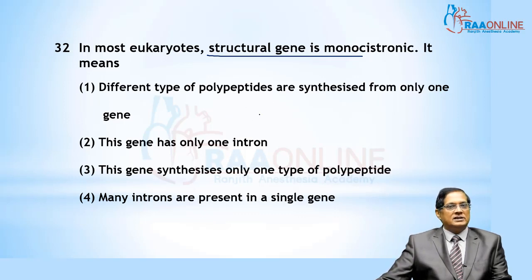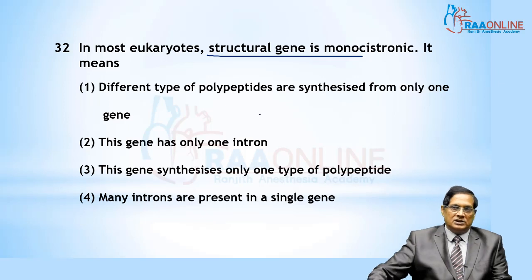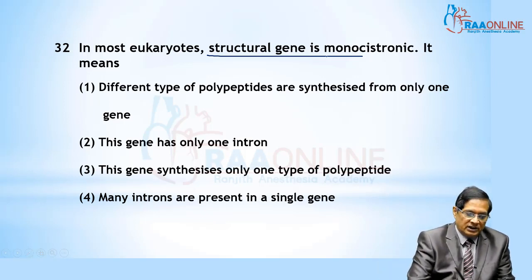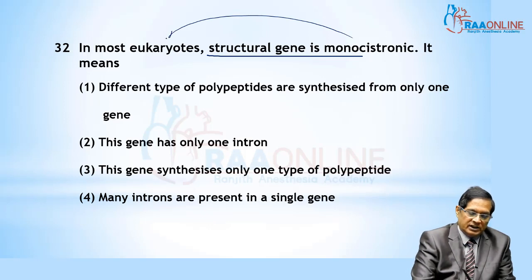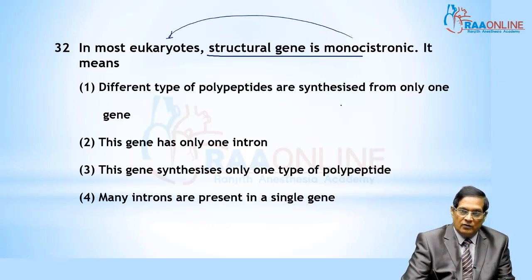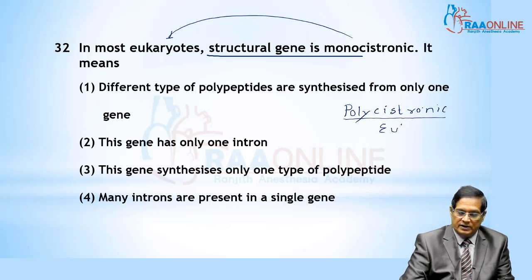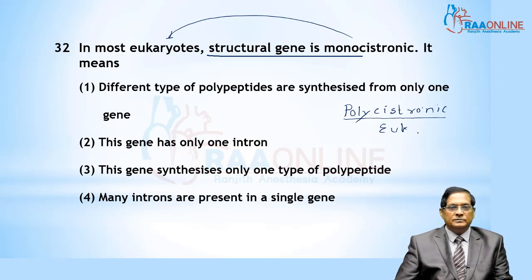If it can synthesize a number of polypeptide chains, that is polycistronic. So monocistronic DNA is found in eukaryotes, whereas polycistronic DNA is found in prokaryotes. So the answer is now very clear: this gene synthesizes only one particular peptide.